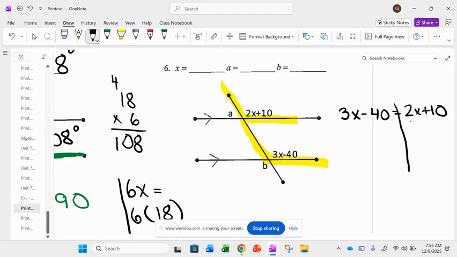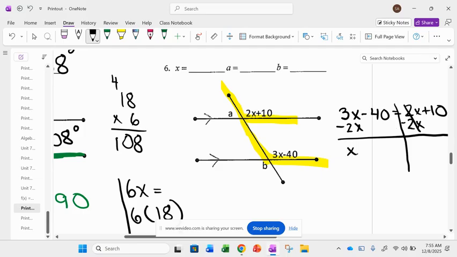Since the x's are on different sides, I'm going to subtract that 2x. And so we'll have x minus 40 is equal to 10. Add the 40 on both sides, and we will get x is equal to 50.